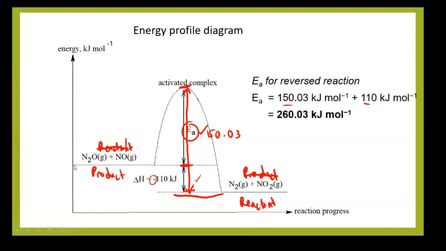So sekarang kalau kita energy profile diagram, yang belah left hand side is reactant, the right hand side is product. So EA dia mesti daripada level reactant until the activated complex. Bila dia cakap reverse reaction, kita kena faham yang produk tu jadi reactant, yang reactant tu jadi produk. So EA tu mesti dah daripada level reactant until the peak. So you tengok dalam situation yang diberi tu, you need to add with the delta H value.